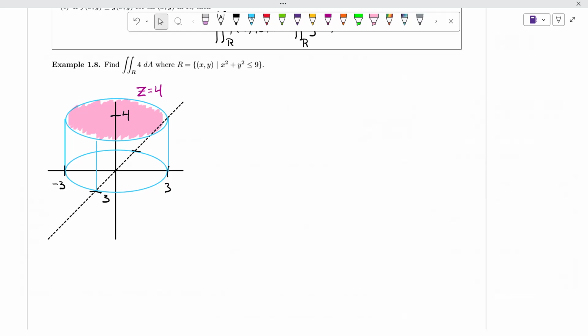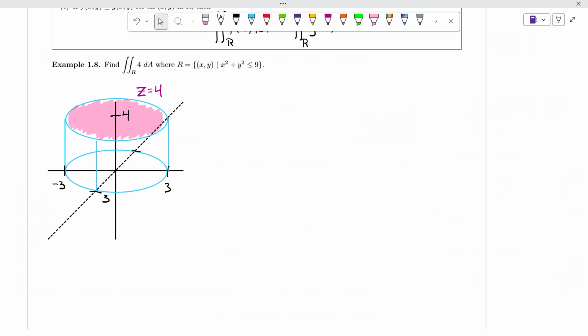Probably you got that. The function that I'm integrating is 4, or, try that again. More particularly, that's the function z equals 4. So that's just a plane, and it gives me an upper bound to be doing my integral over.